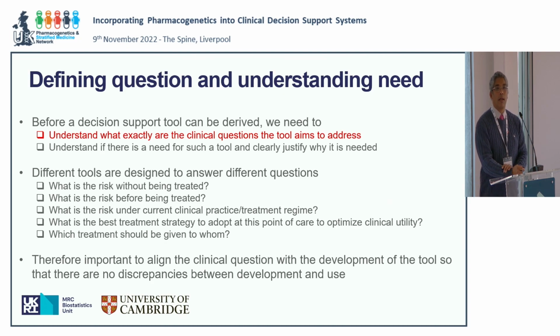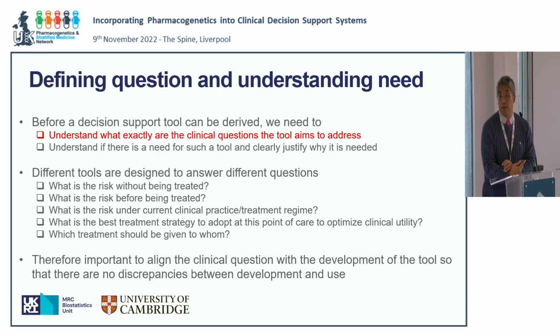So, the first stage, defining the question and understanding the need. Before a decision support tool can be derived, we need to understand what exactly are the clinical questions the tool aims to address. And we also need to understand if there's a need for such a tool and clearly justify why it is needed. Now, different tools are designed to answer different questions. For example, what is the risk without being treated?